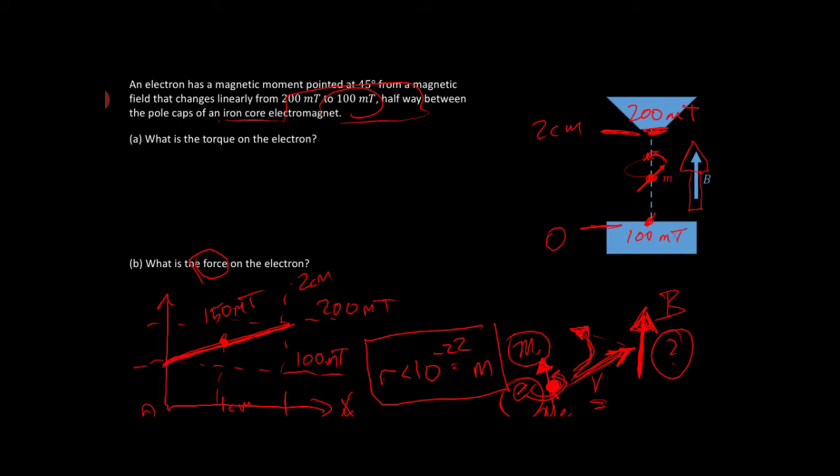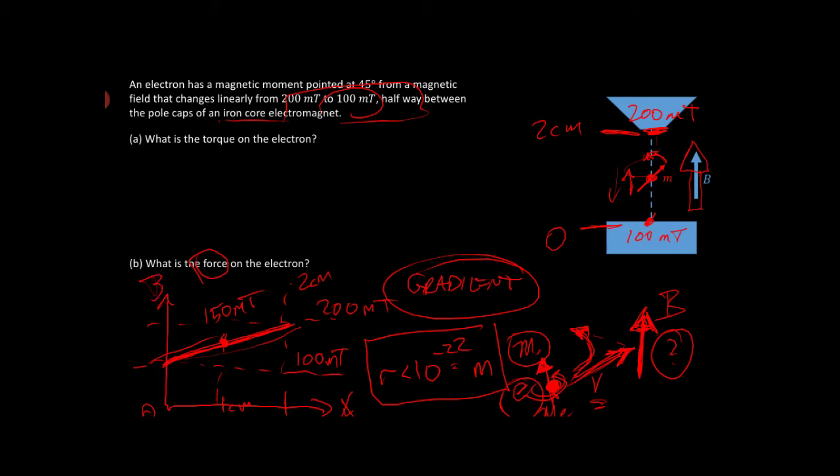Now, if you have a nice straight line like this, so that's going to be a gradient field, and that gradient is going to cause the force, is going to cause the magnetic moment to, let's see, go down, I think. It's going to follow this slope downwards, I believe.